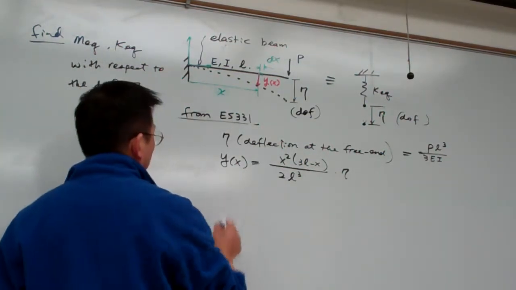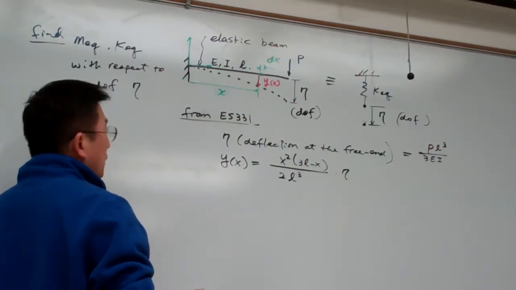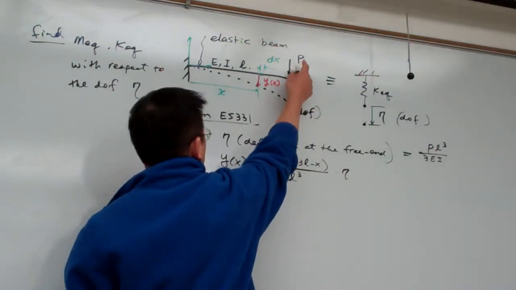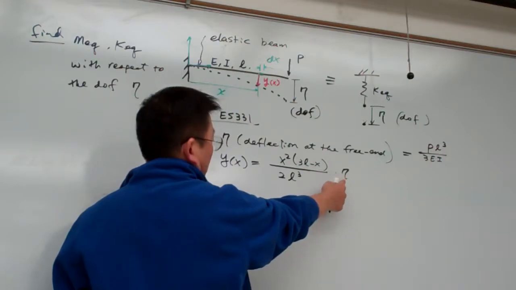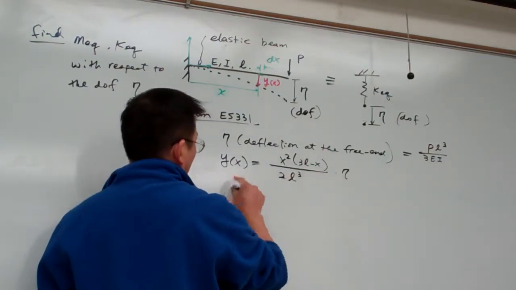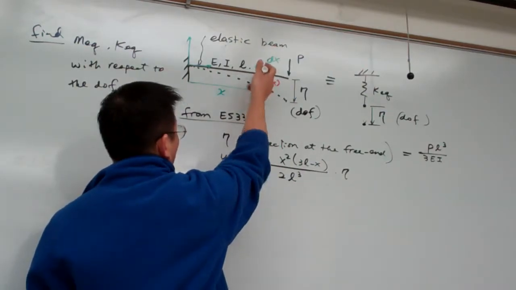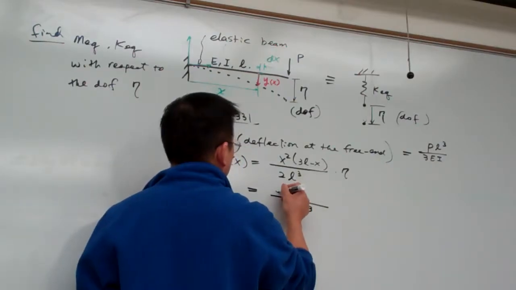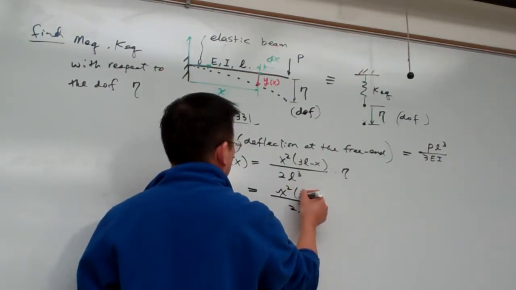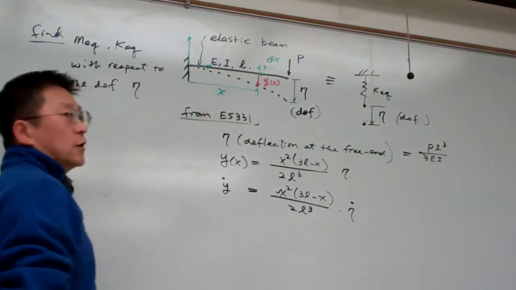Therefore, if we consider everything as a function of time, so that the degree of freedom is a function of time, we can calculate the velocity at this small element, which is x squared (3L minus x) times eta dot.